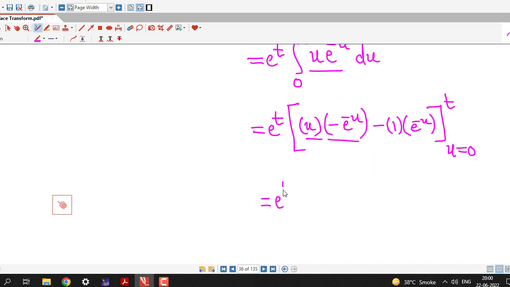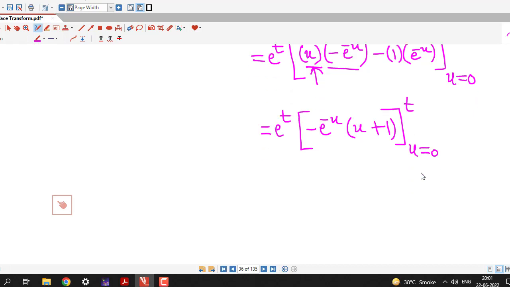Now we first simplify this bracket. We can take minus e raised to minus u common, and here we are left with u, and here we are left with plus 1, u equal to 0 to t. Now we substitute values of u.